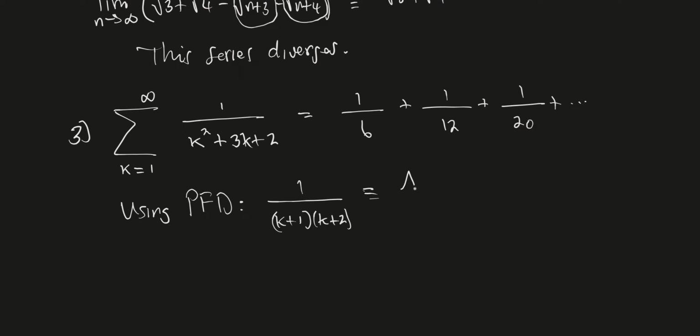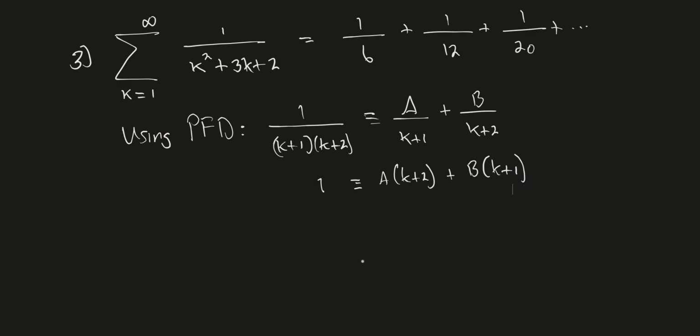So we know the decomposition has to be of this form: a over k plus 1 plus b over k plus 2. Let's clear our fractions. So we'll have a 1 on this side. Multiplying the first fraction by this denominator leaves a times k plus 2. Multiplying the second fraction by the same denominator leaves b times k plus 1.